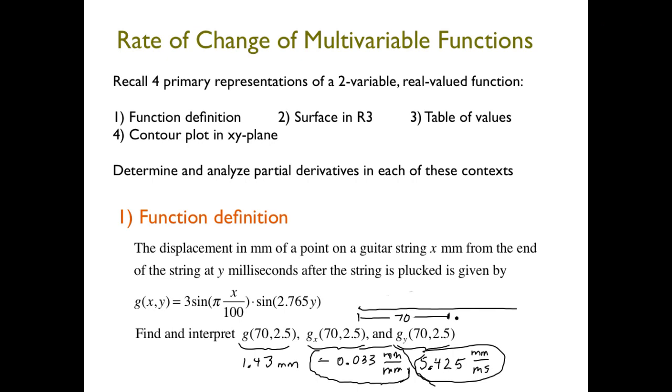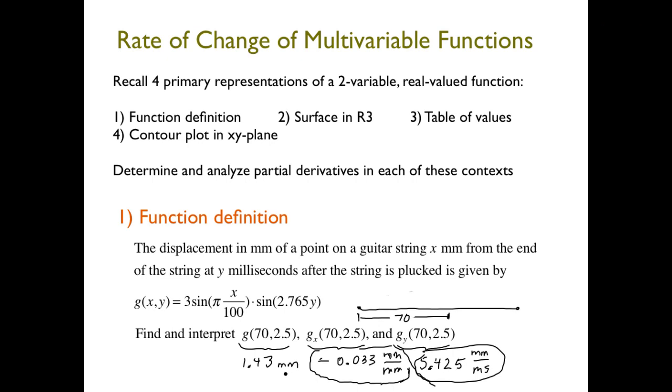Okay, what does the 1.43 mean, first of all? Kenneth, what do you think? The 1.43 is the displacement. Be more specific.